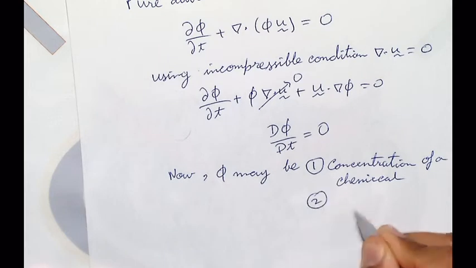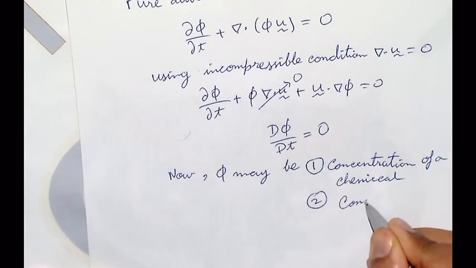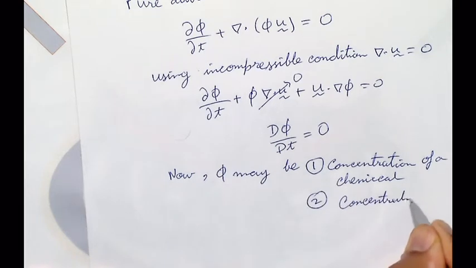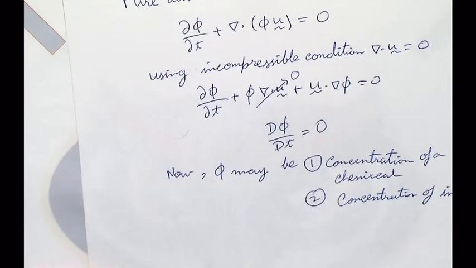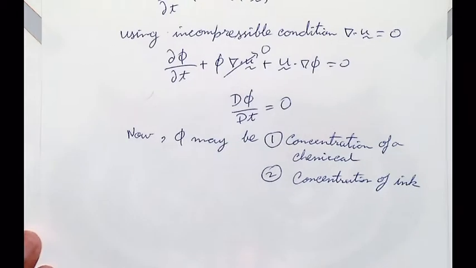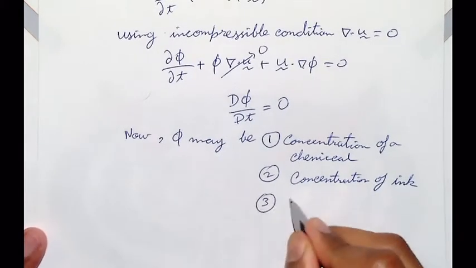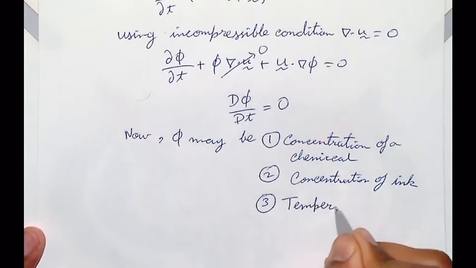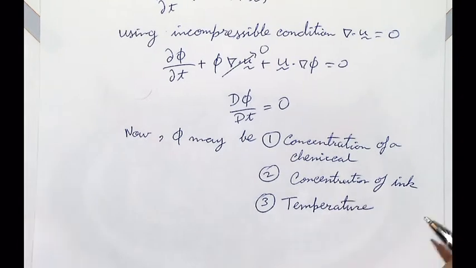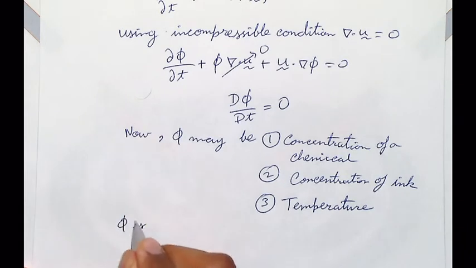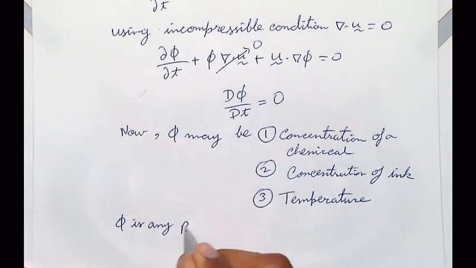It can be the concentration of an ink blob, the ink that's being dispersed. It can even be temperature. So any passive scalar, phi is any passive scalar.